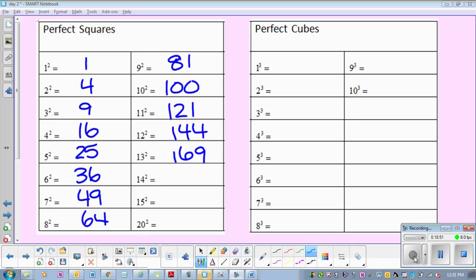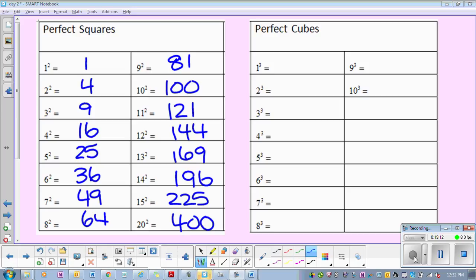Good. 169. And 14 squared is? 196. 15 squared is? 20 squared. All right. Good job.